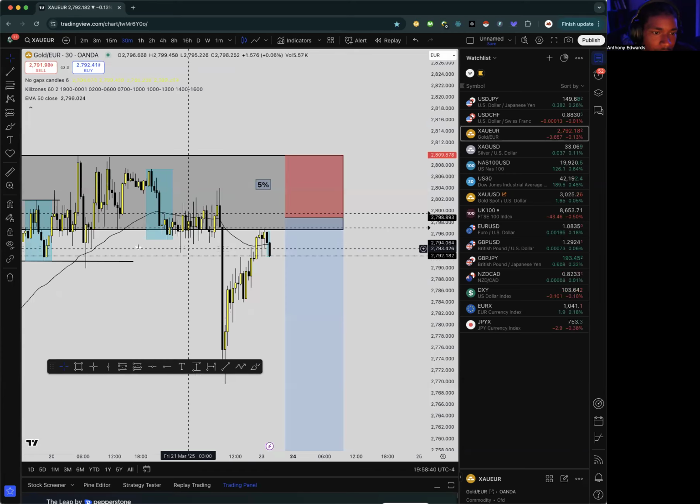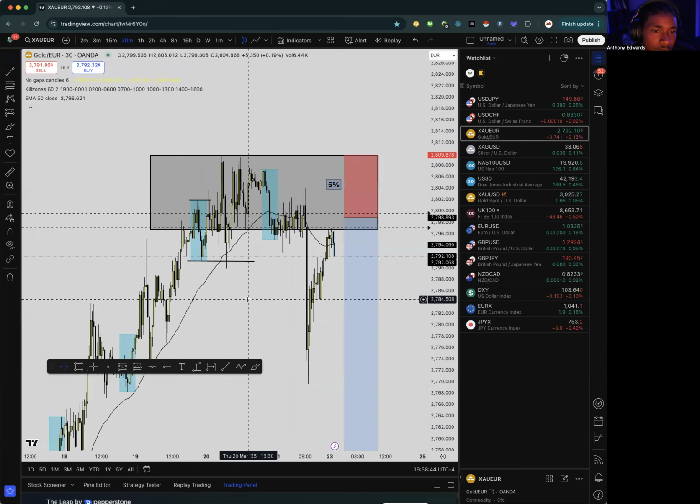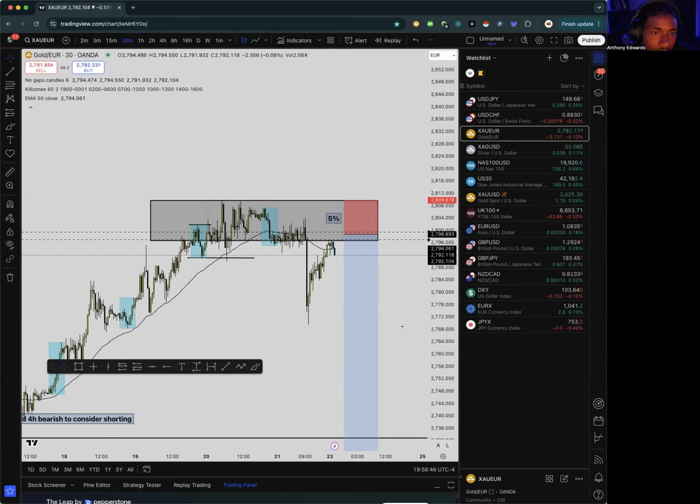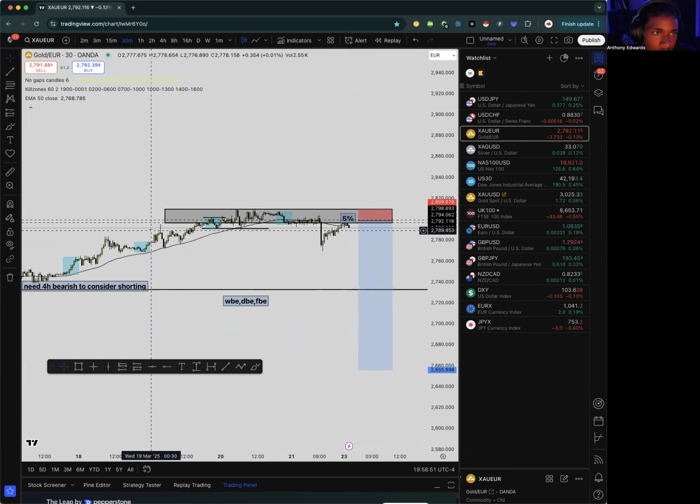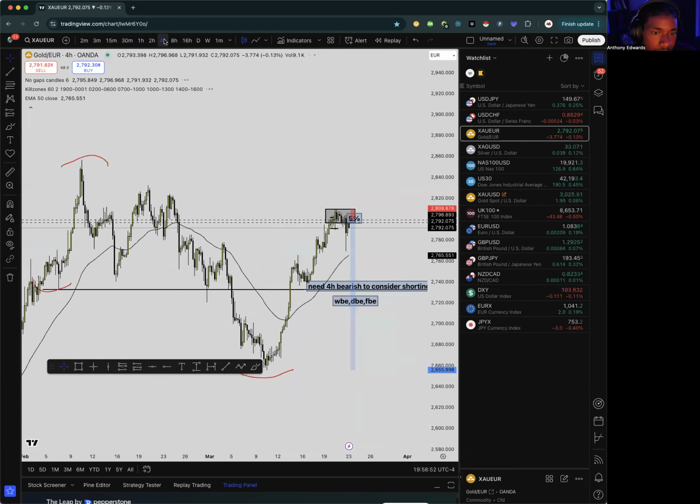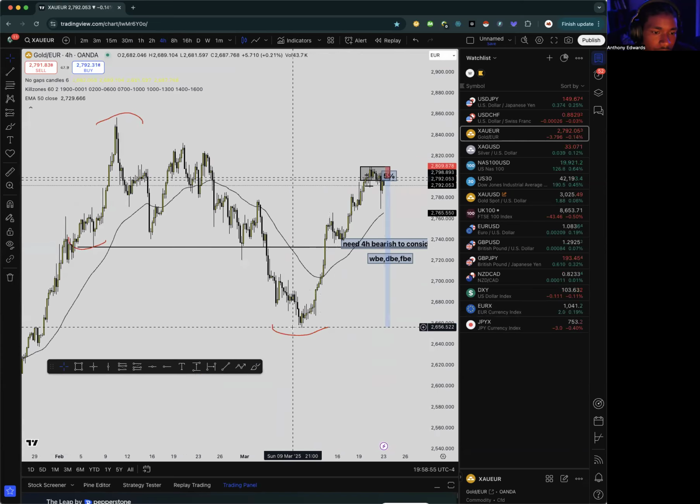So I'm anticipating for price to come back into here, show me some confirmation that we're going to be pushing down, and then I'm going to let it ride for 1 to 3 risk to reward. Target this low right here.